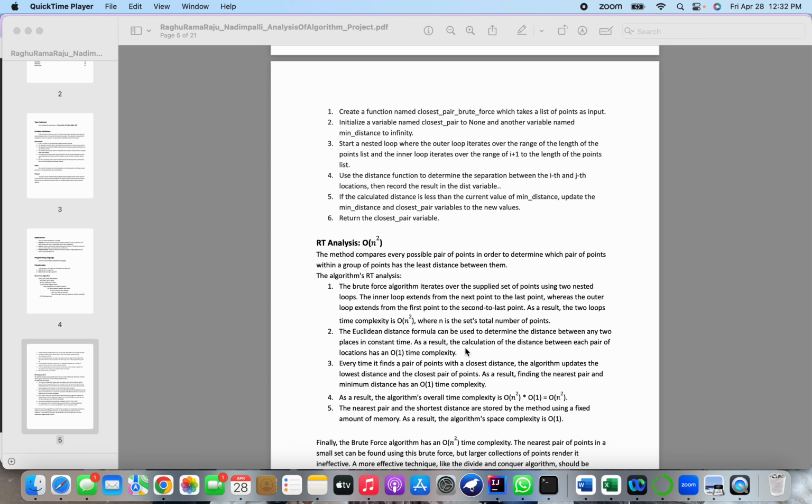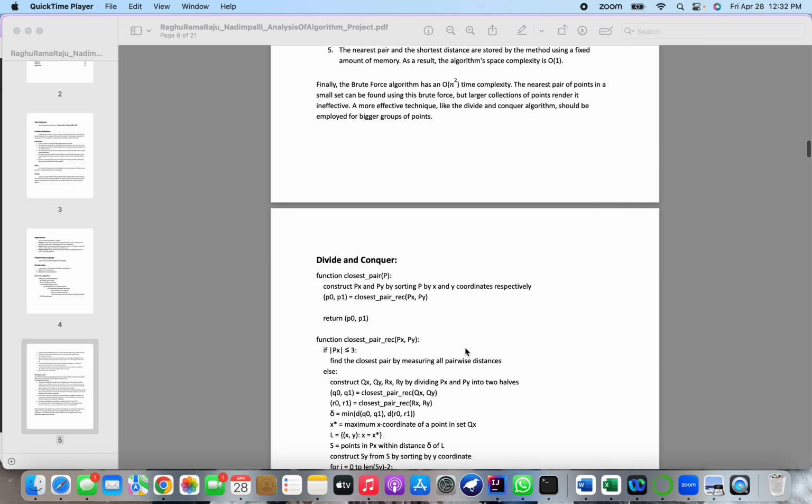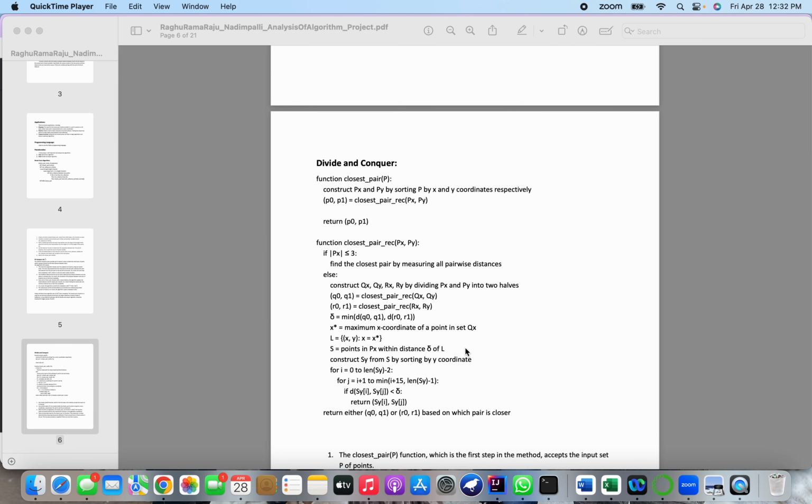The second algorithm that we have taken is divide and conquer. The divide and conquer method is a more efficient algorithm for solving the closest pair problem compared to the brute force method. It involves the following steps. First is to sort the points by both coordinates, x and y respectively.